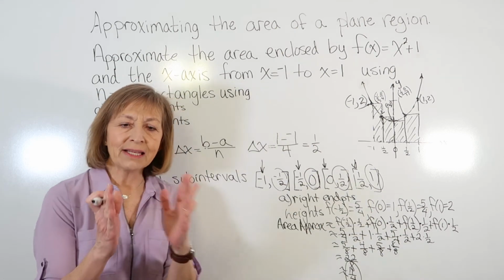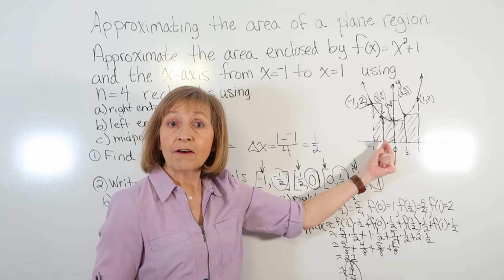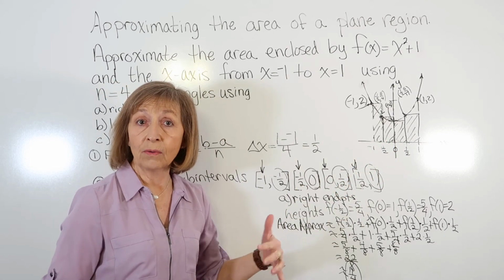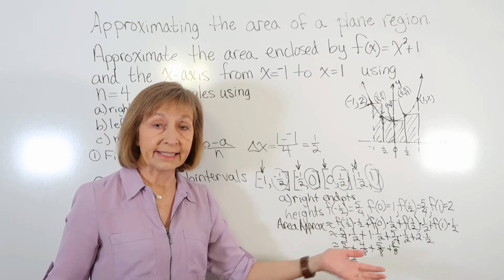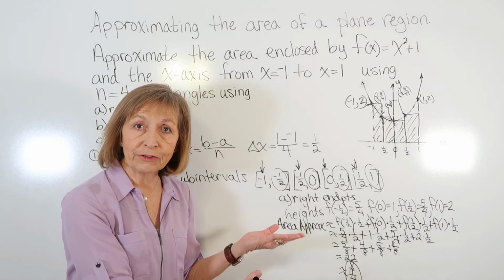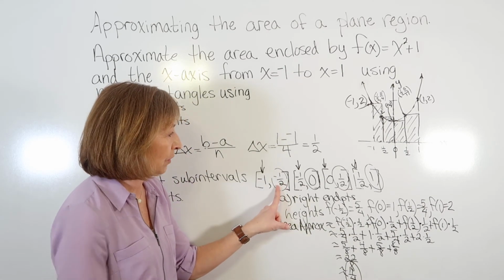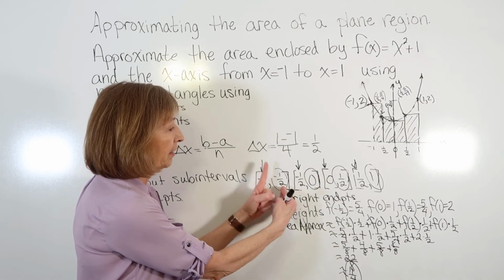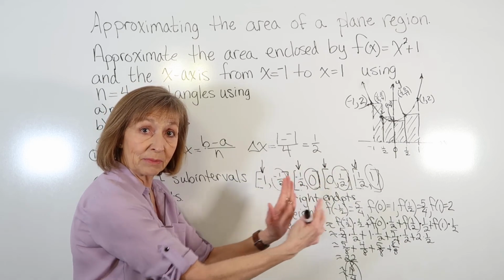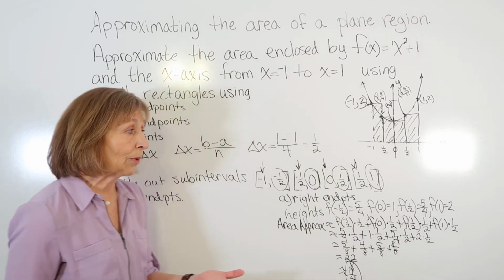Now notice, because these subintervals touch, where the first one left off, the second one picks up, we have that occurring as we go, except for the start and for the end. So what was the right endpoint of the first subinterval is the left endpoint of the second subinterval. So some of these function values are going to be the same as we go through.